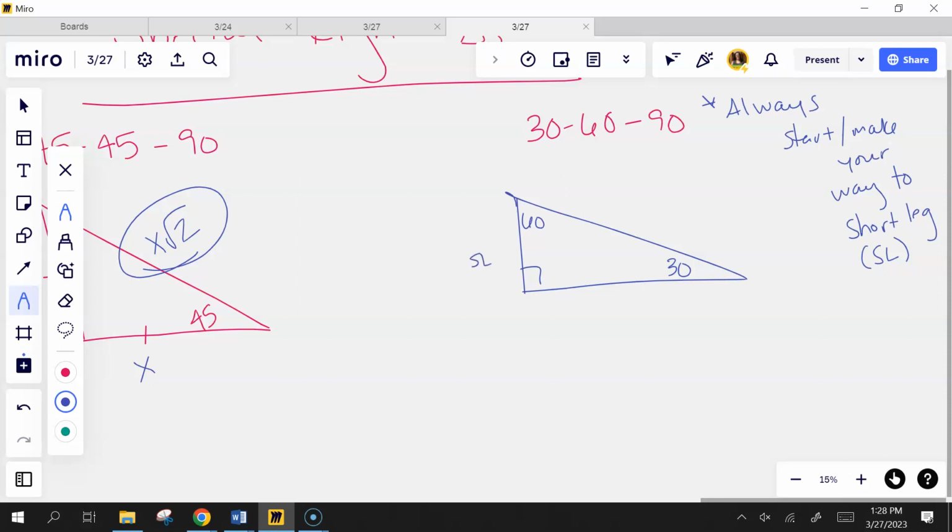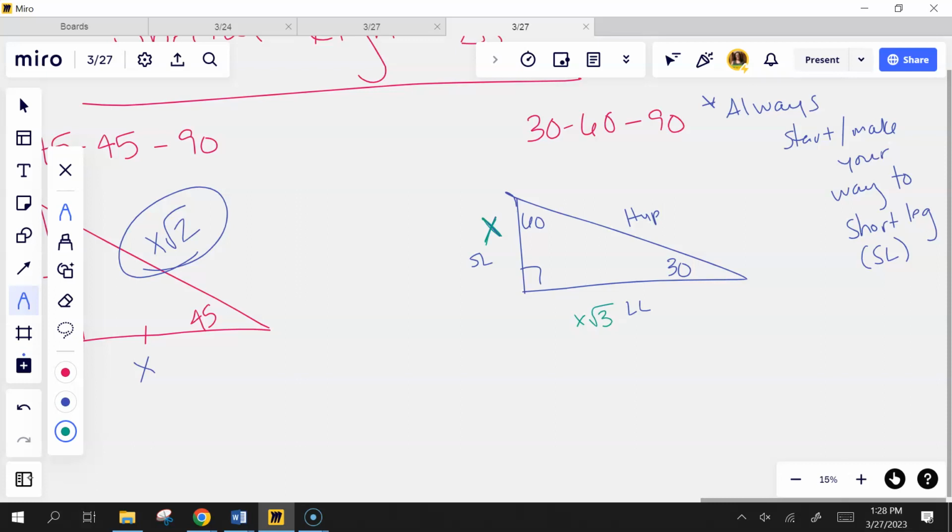So this would be my short leg, this would be my long leg, and of course this is my hypotenuse. From the short leg, I'll call that X, to the long leg, I take that X and multiply it by the square root of 3. It's easy to remember: 30, 60, 90 square root of 3, right?